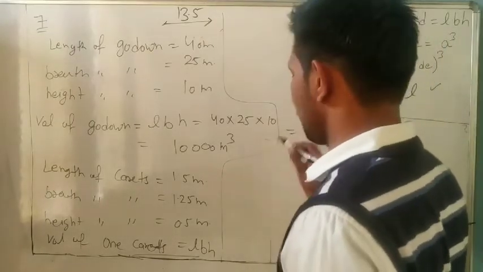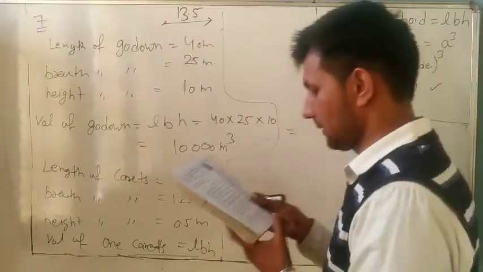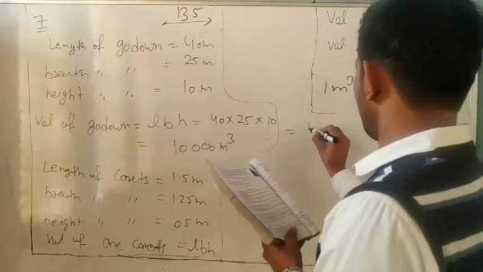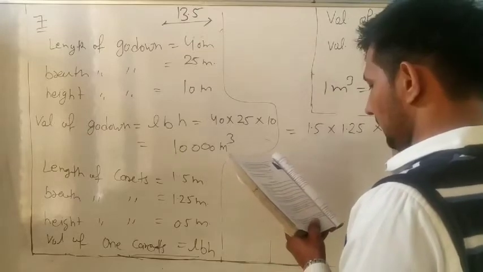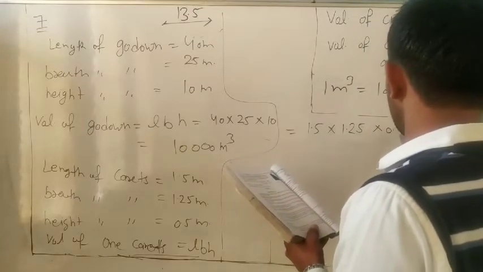So write 1.5 meter length, multiplied by 1.25, multiplied by 0.5 meter.